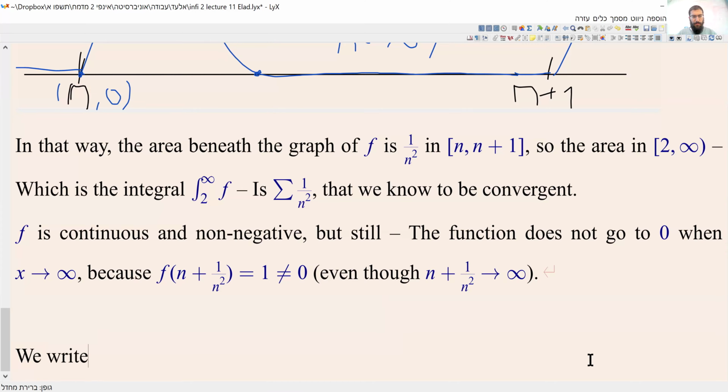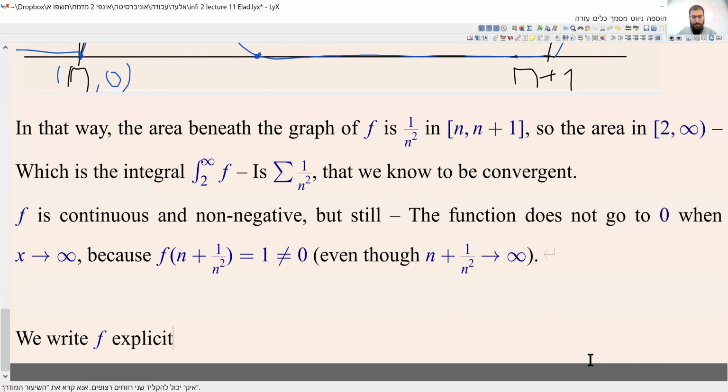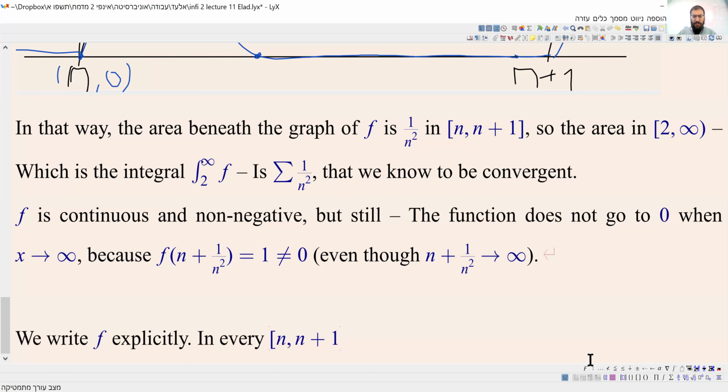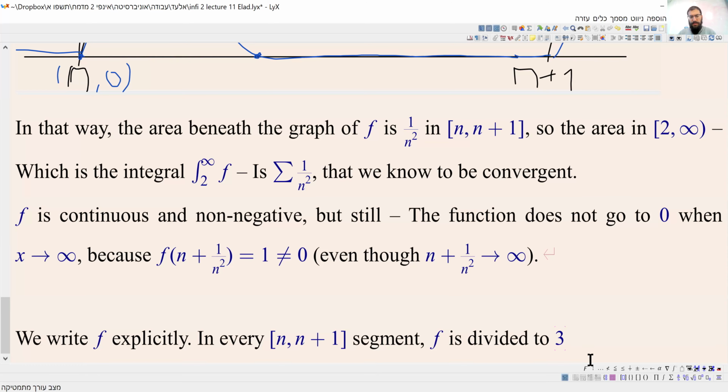We write f explicitly. In every segment, of the form n to n plus 1, f is divided into three parts.